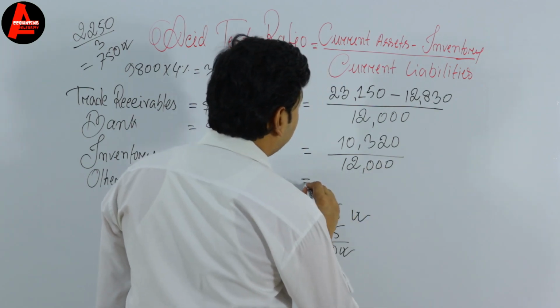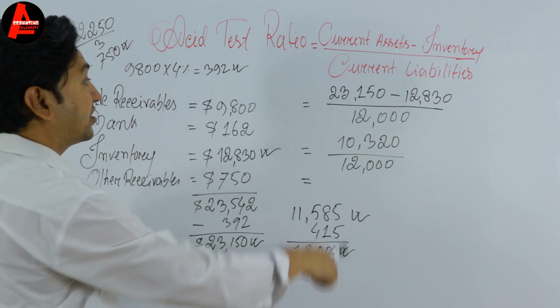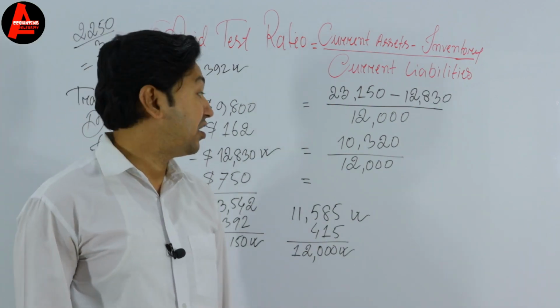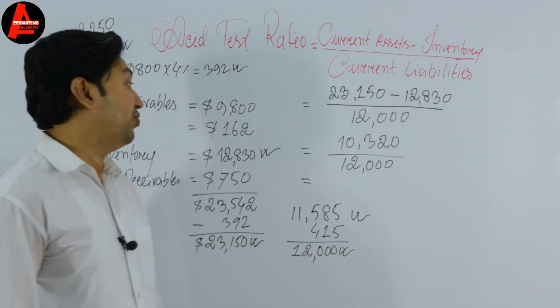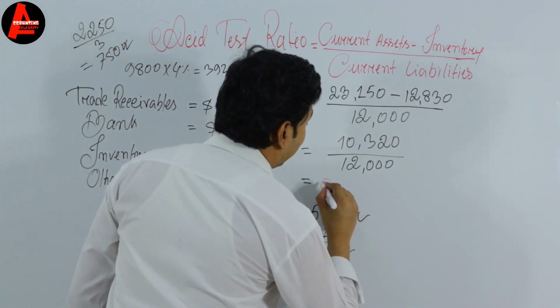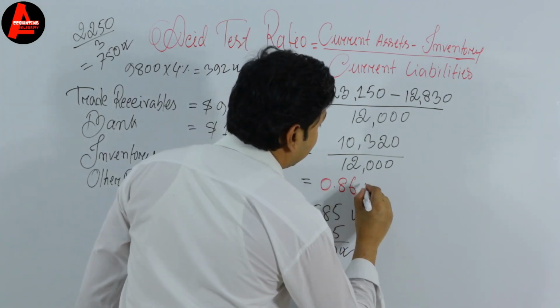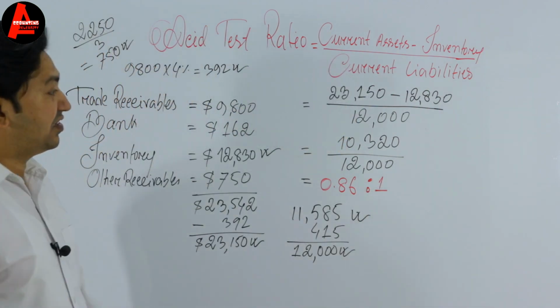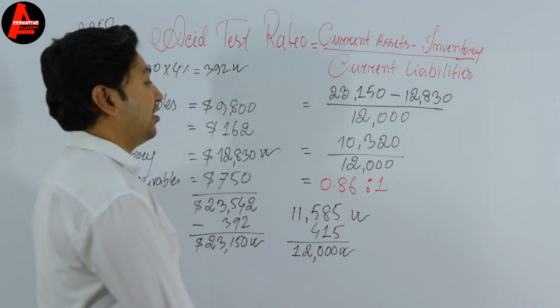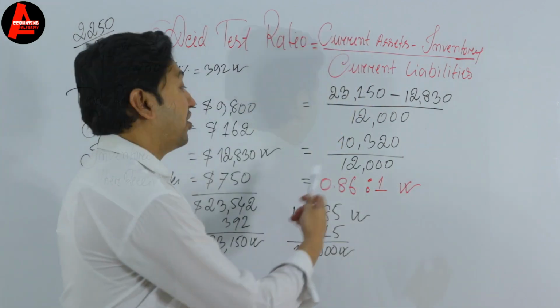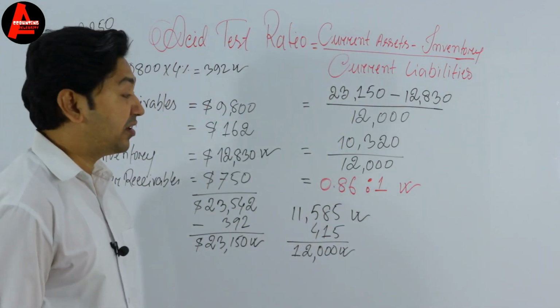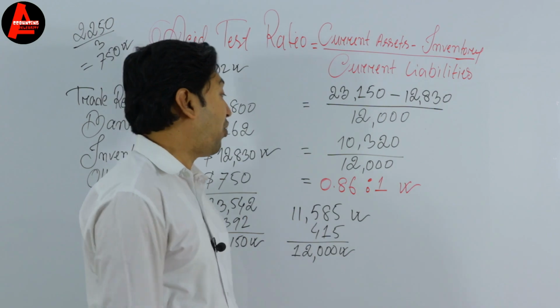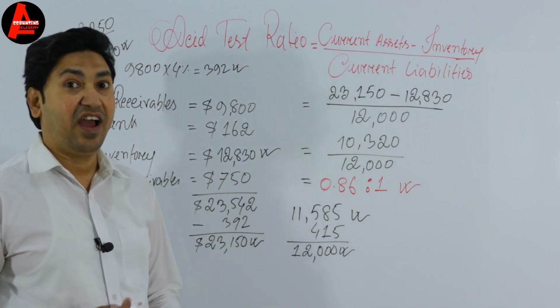Now if we divide this $10,320 by $12,000, we get here 0.86:1. So this is our final answer. So what does it mean? For every $1 liability, we have $0.86 asset.